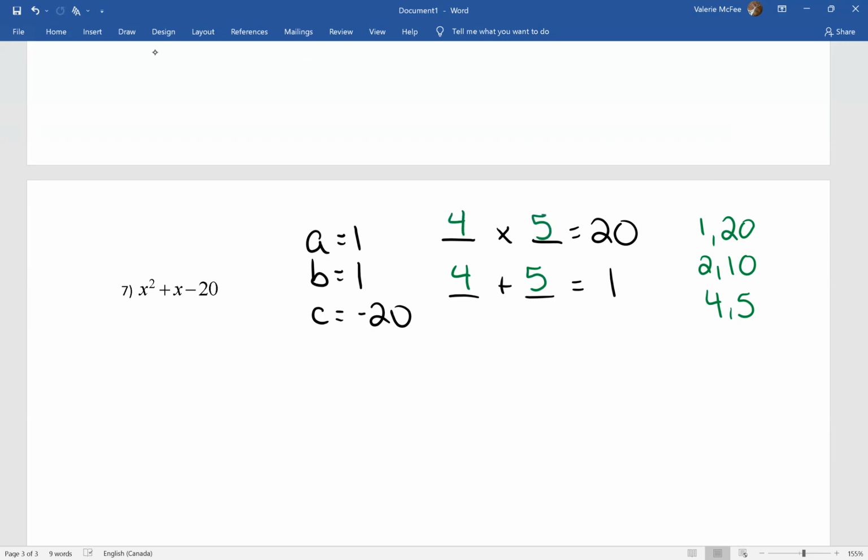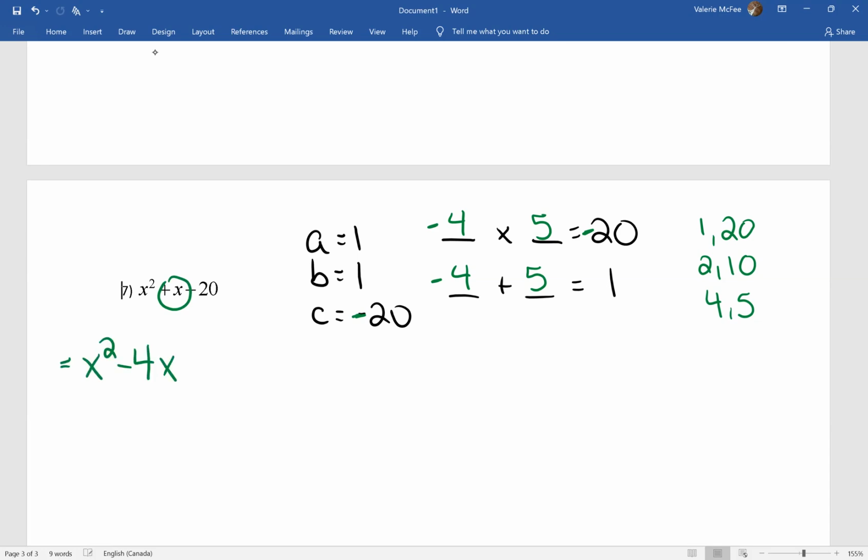If one of them's negative, oh, I see. I forgot the negative sign from negative 20. There we go. Now I see if the 4 is negative, I can add and get 1, multiply and get negative 20. So again, I'm going to change the middle term.